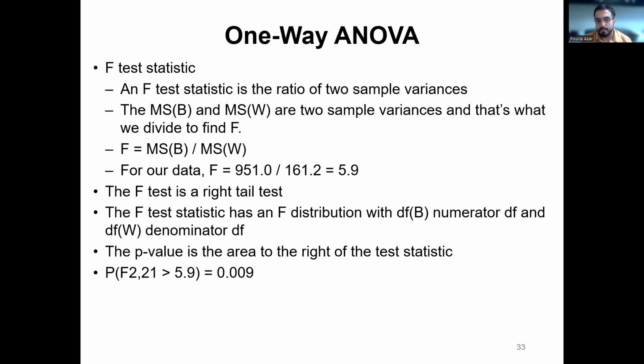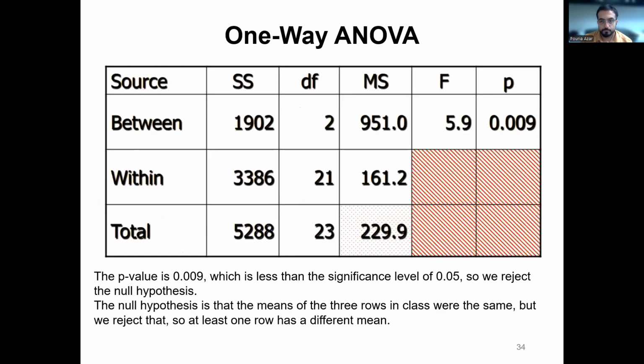The F test is a right tail test, and it has a table like the t-test. We can just look up the table and see what the p-value is for that F. So here the p-value is 0.009, which is way less than the significance level of 0.05.